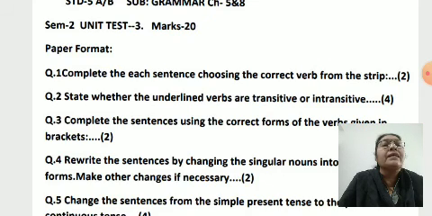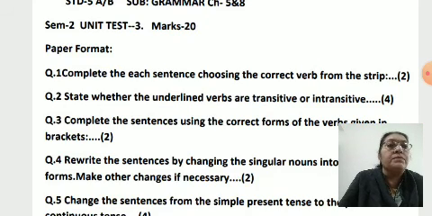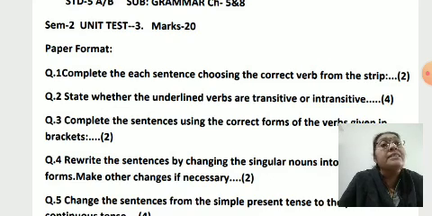Next question: state whether the underlined verbs, but instead of that, I have given red printed verbs, are transitive or intransitive. The verb that depends on an object is called transitive. As per that, you have to identify the transitive or intransitive verb.